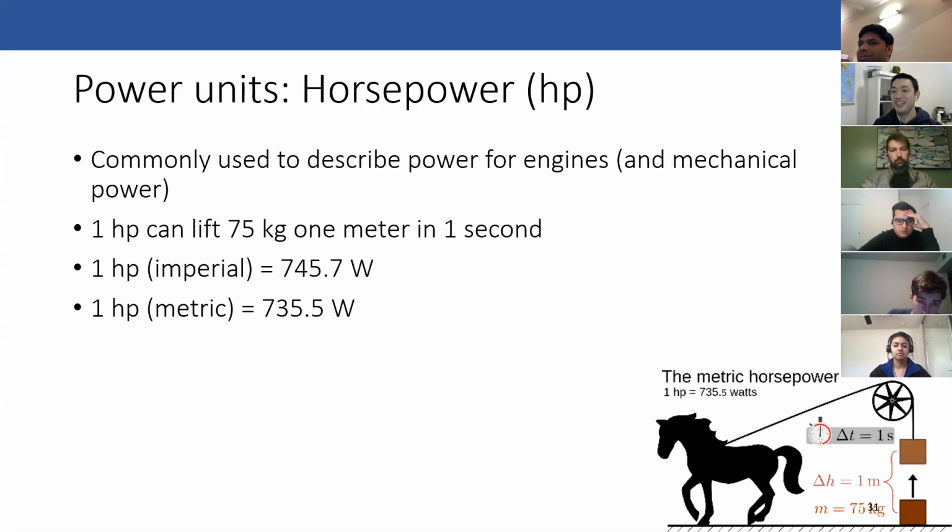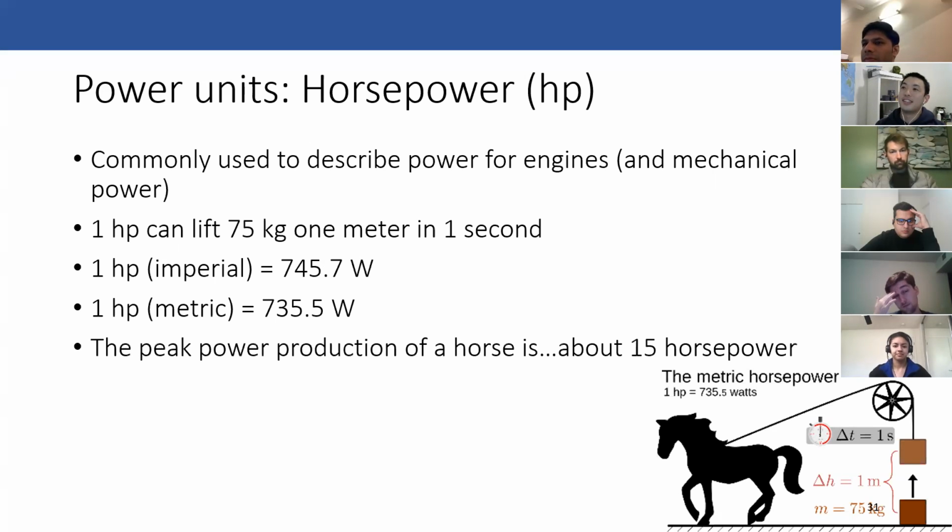It's pretty silly to have 2 different ones, but there you have it. And in case any of you are wondering where this term comes from, we think about horses being able to do this work, but actually the peak production of a horse is not 1 horsepower, it's about 15 horsepower. So 1 horse can have more than 1 horsepower.